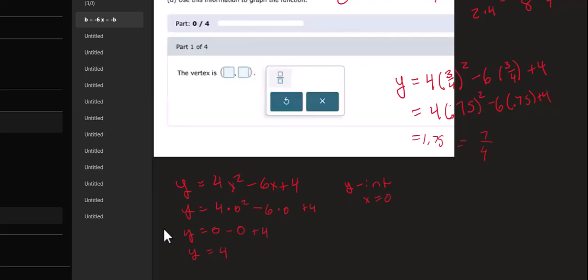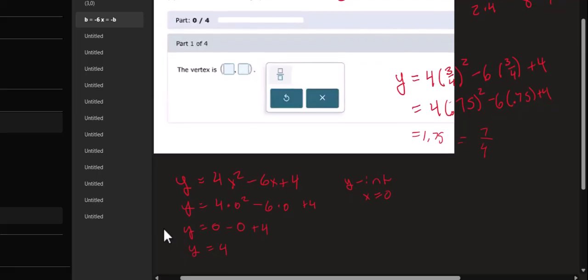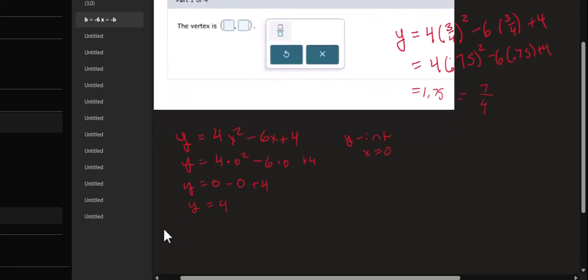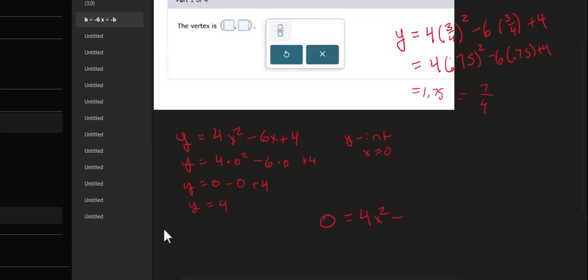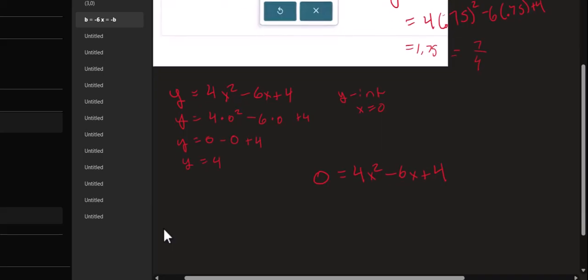The x-intercept is harder. It says the x-intercepts if they exist. So for the x-intercepts, you set y equal to 0. So I have 0 equals 4x squared minus 6x plus 4. I want to solve this. I can use factoring, the quadratic formula, whatever works. But the first thing I want to do is, if there is a common factor, take it out.